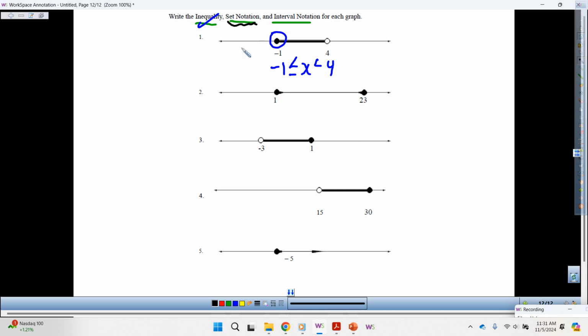Set notation. So you just do solution set of x, such that, and you close it. Interval notation. I take -1, comma, 4. All right? Close point, bracket, open point, parentheses.